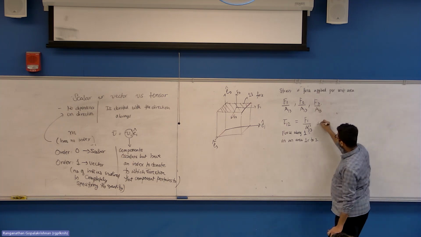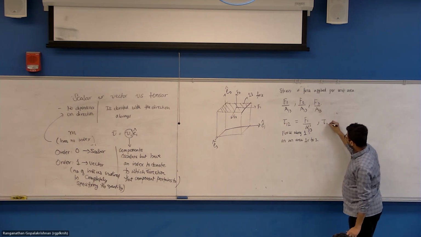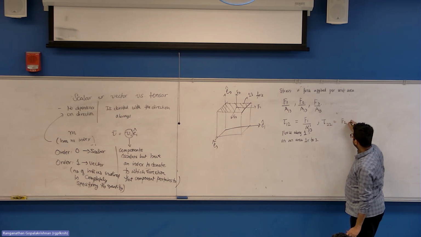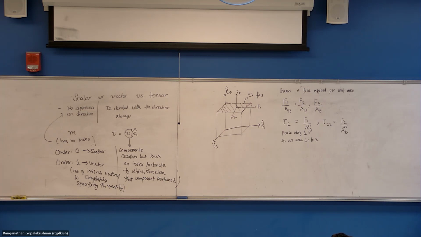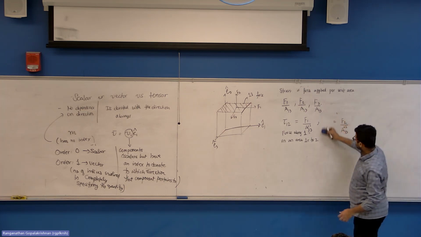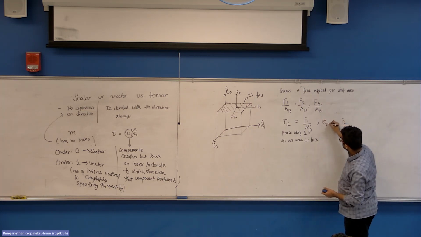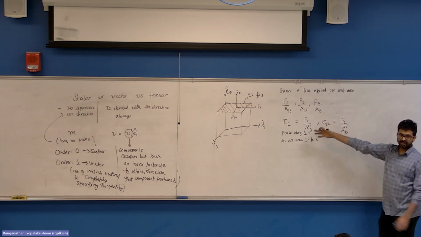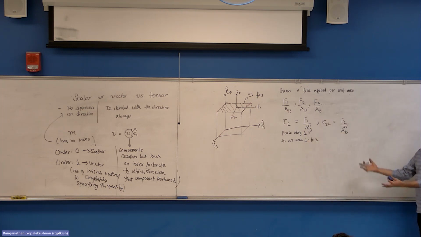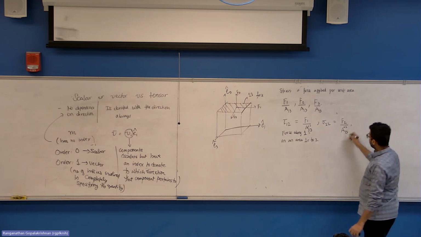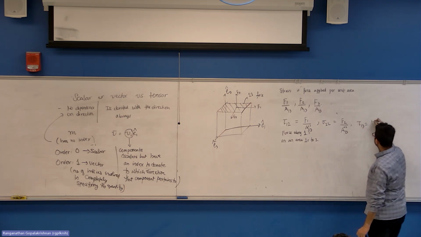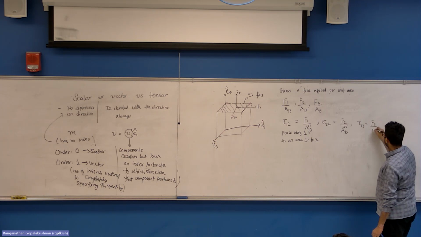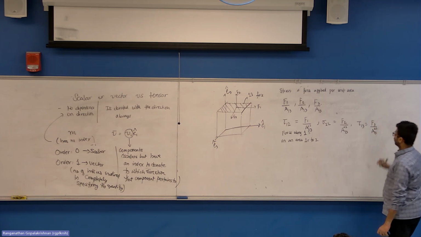And then the second quantity is F2 divided by A13, which is perpendicular to 2. Since this is the normal force, we'll use a different symbol. We'll call it sigma 22, in accordance with the convention that we always follow to show normal stresses with sigma and shear stresses with tau. Nothing physical about it. Okay. And then we'll also write tau 13, which is F3 divided by A13, that is perpendicular to 2.